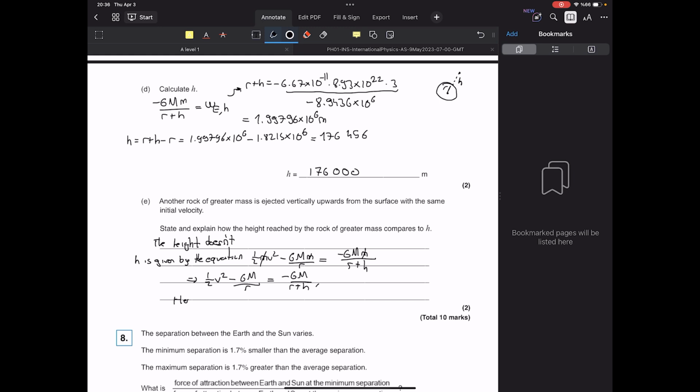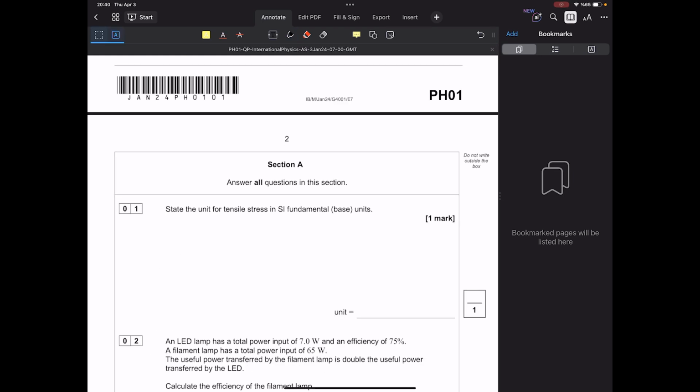Since the mass cancels out, h doesn't depend on the mass of the object ejected. I'm so tired. That's it for this one.